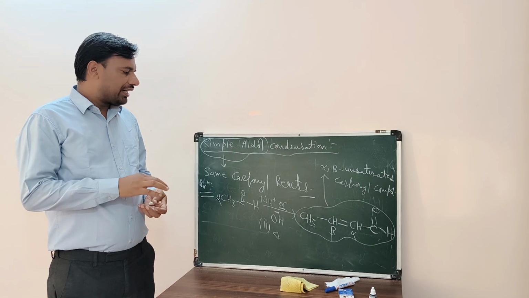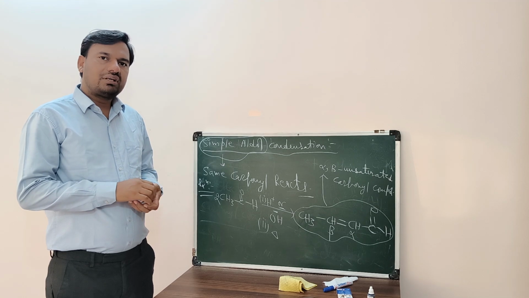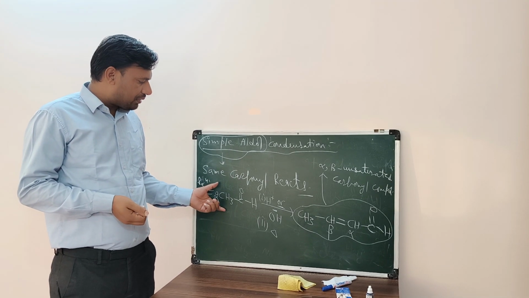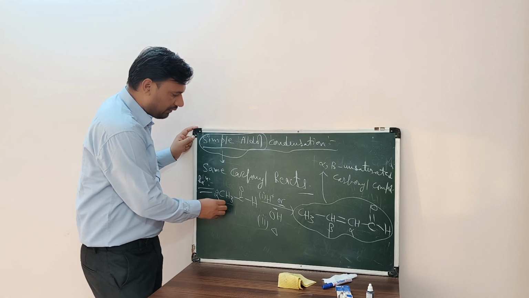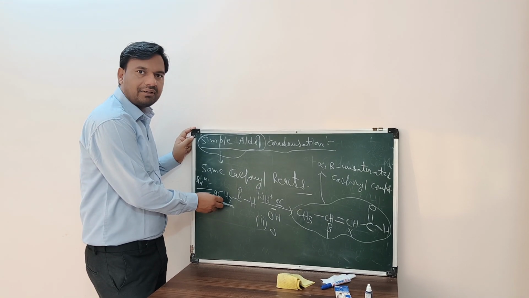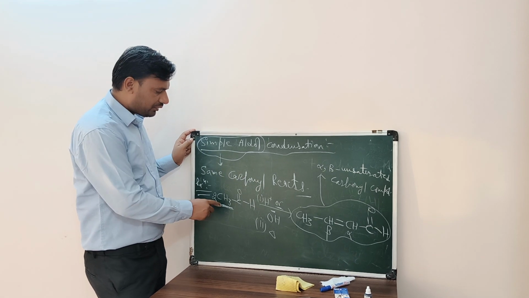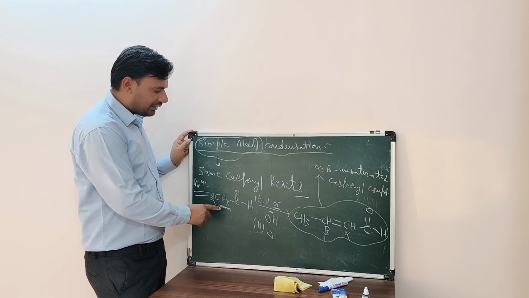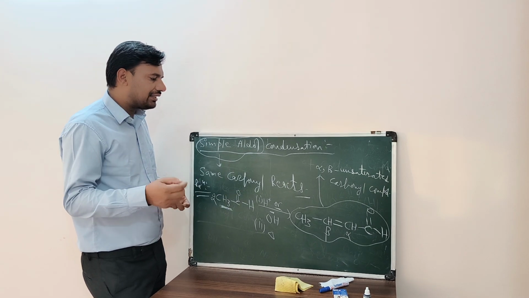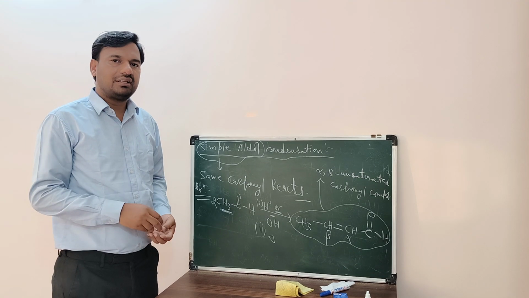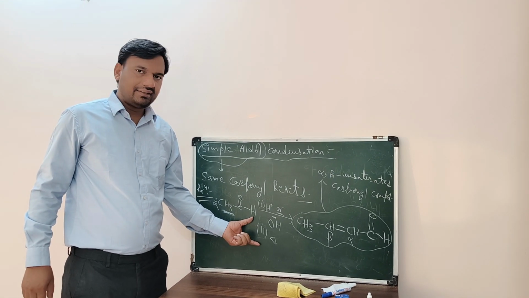Which kind of carbonyl compound gives aldol condensation? First we must understand that it is a carbonyl compound which contains alpha hydrogen. Alpha hydrogen means hydrogen attached to the alpha carbon is always called alpha hydrogen, and these alpha hydrogen containing carbonyl compounds always undergo aldol condensation in presence of acid or basic medium and further on heating.